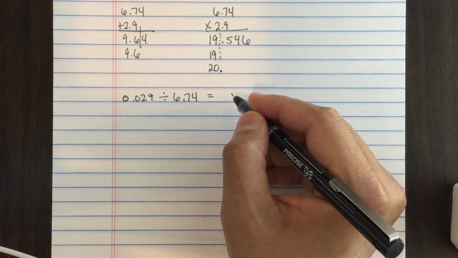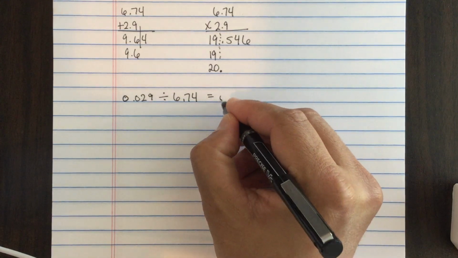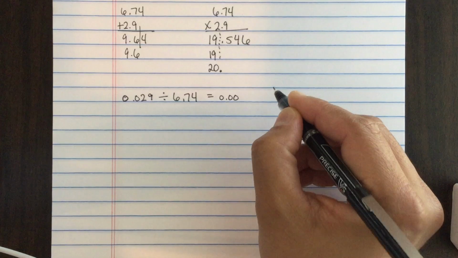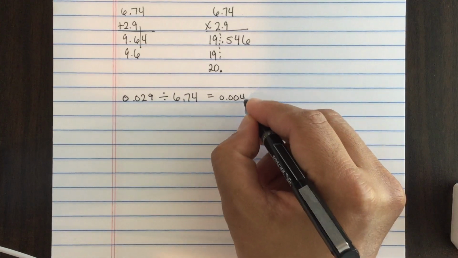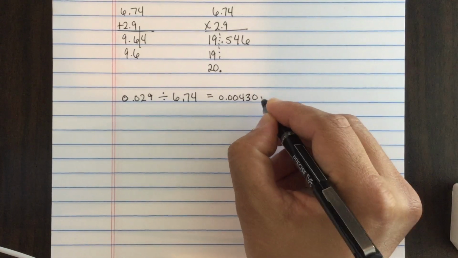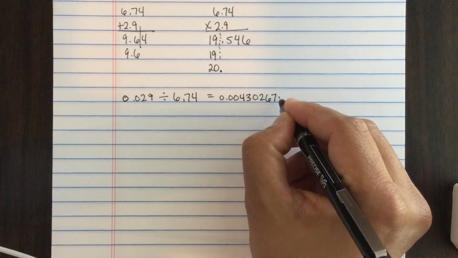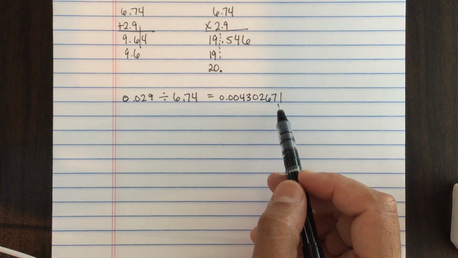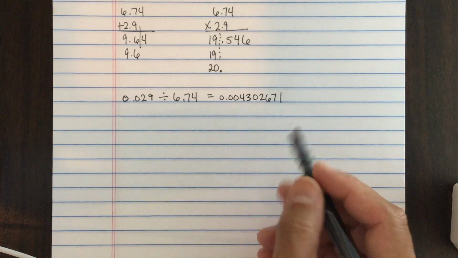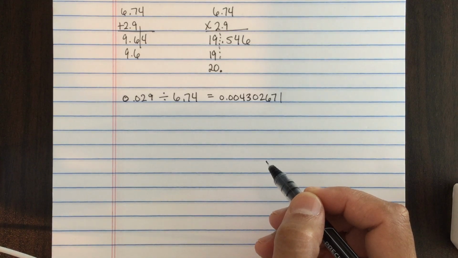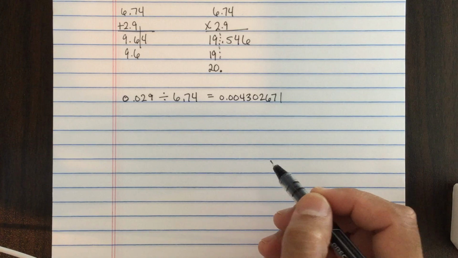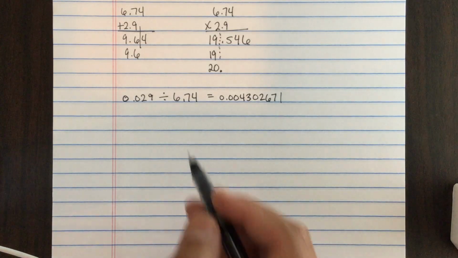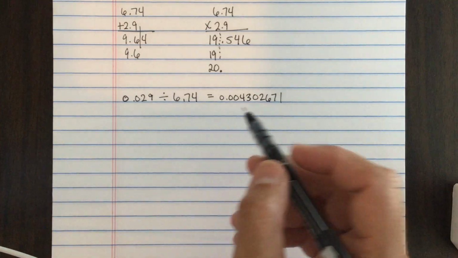When we plug this in the calculator, our calculator is going to spit out a lot of numbers. 0.004302671, and some calculators may even go farther than this. So again, this answer is not correct. By rule, we can only report the significant figures as our least precise measurement, which is 2 significant figures.